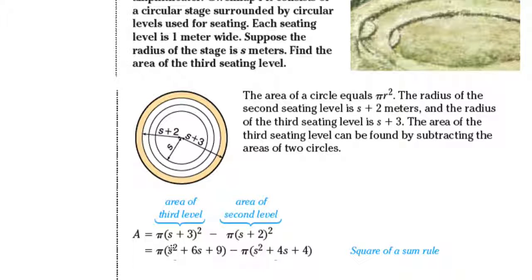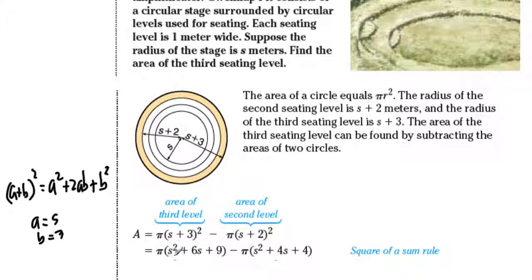Remember that in this case, we're doing this rule right over here. So a plus b squared is the same as a squared plus 2ab plus b squared. So this is our a. Our a is s in this case, and our b is 3 for the third level.